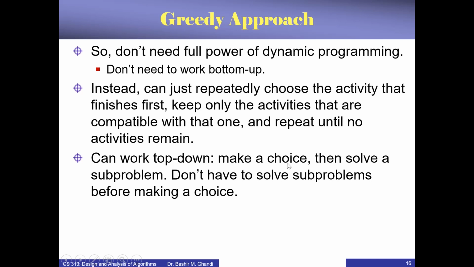We can work top down, not necessarily bottom up. We just need to make a choice following our criteria of choosing the first one to finish, then solve the remaining sub-problem. There's only one sub-problem remaining, so we solve it. We don't have to solve sub-problems before making a choice.